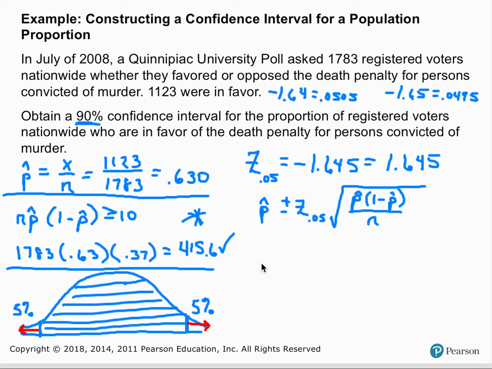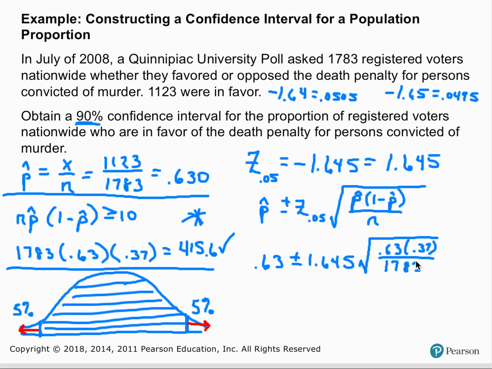So we have our p hat, so we have 0.63 plus or minus 1.645. Notice here it doesn't matter if I have a negative here or not, because a negative will give me the plus, and the plus a negative. Times the square root of 0.63 times 0.37, all over, what's our n? 1783.